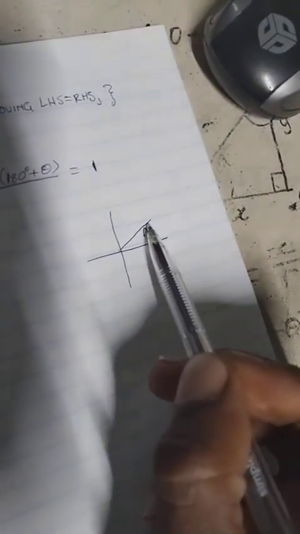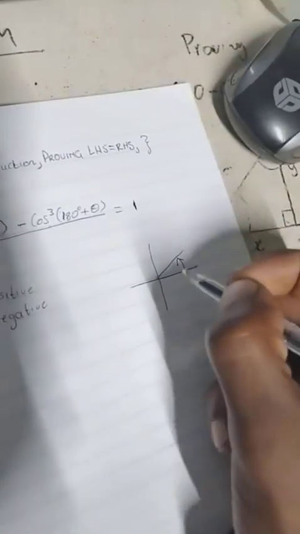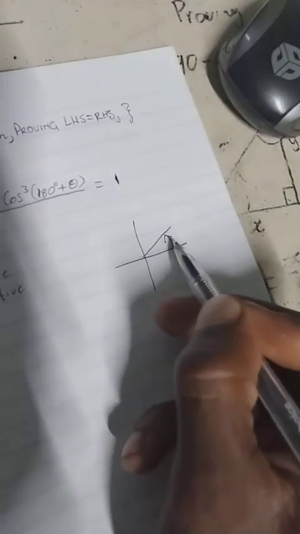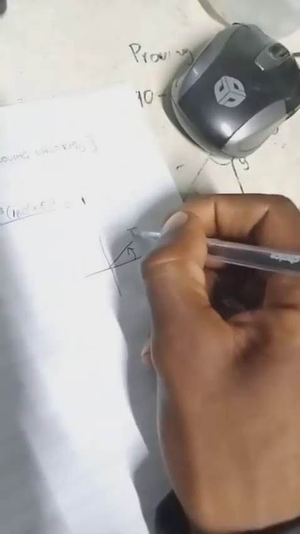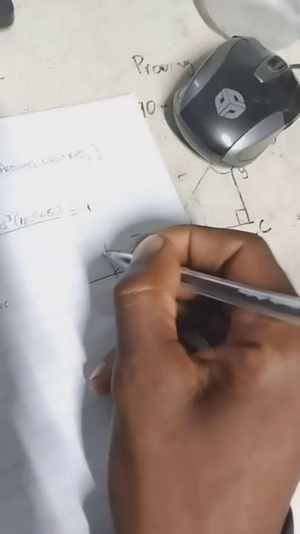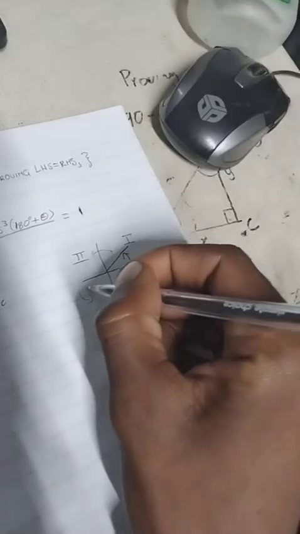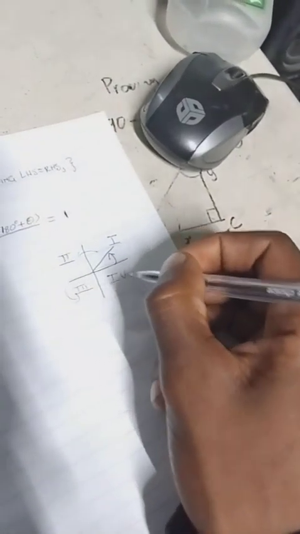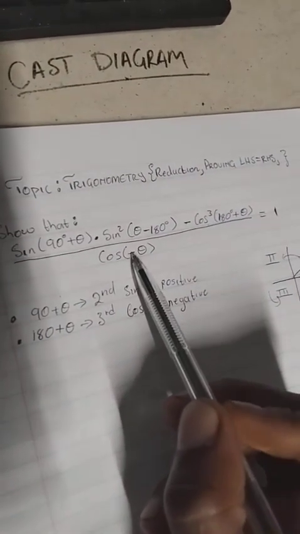If we consider the anti-clockwise rotation, our terminal starts on the first quadrant, comes to the second quadrant, continues to the third, and comes to the fourth.